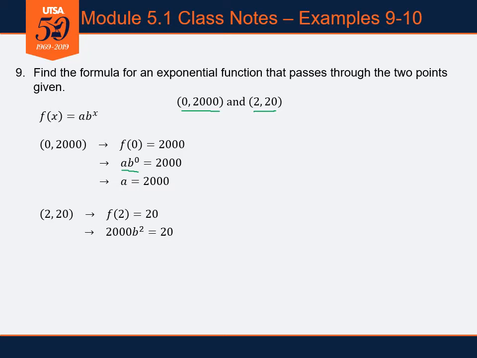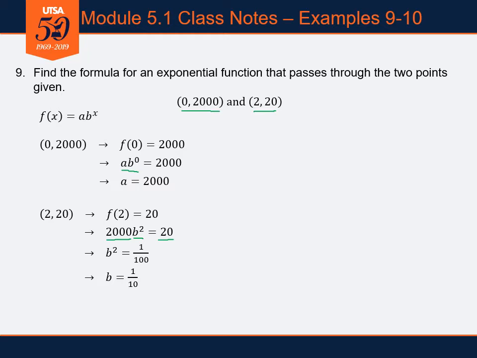I already knew a was 2000, so 2000 times b to the x, with x equal to 2, equals my output, 20. So 2000 b squared equals 20. I can now solve that for b. Divide both sides by 2000, and 20 over 2000 reduces to 1 over 100. Then take the square root on both sides, and I get b equals 1 over 10. So b, my base, is 1 over 10.